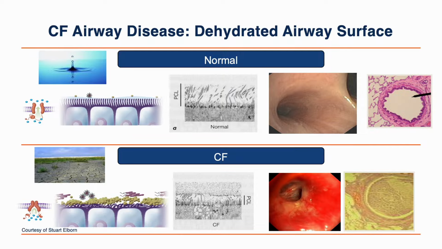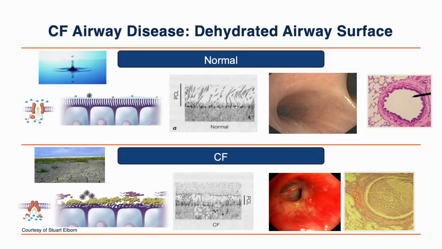If we contrast that with cystic fibrosis, again, walking from left to right, on the lower left, you see that there is a CF protein, but the protein doesn't work. Those little blue balls are unable to get across the surface of the cell. And as a result of that, as shown in the diagram, there's the evidence of dehydration.